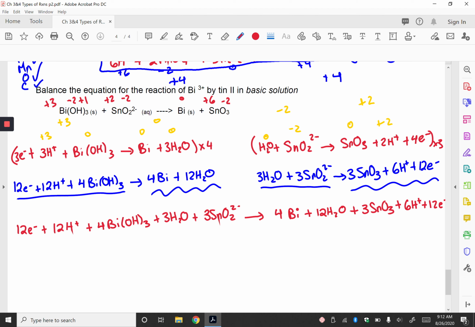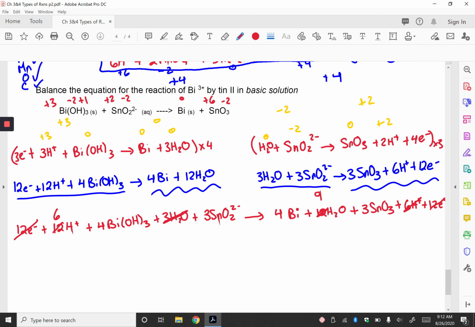All right, any like terms? We see electrons, 12 electrons, 12 electrons. The H pluses, we have 12 here, 6 there, so we can cancel those 6, and we'd end up with 6 here. Waters, we have 3 waters here, and 12 here, so we can cancel those 3, and have 9 left.